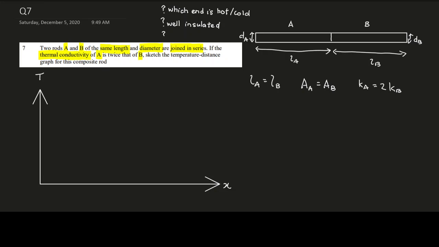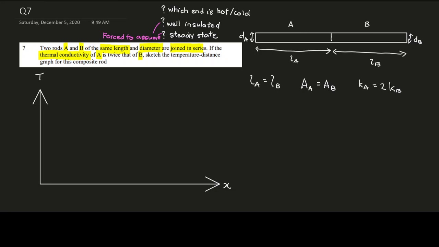Then the third thing that you don't know is whether they are in steady state or not. If it's not in steady state, technically you can't draw a temperature-distance graph. So for this question, we are forced to assume these few things. We are forced to assume they are well insulated and in steady state.